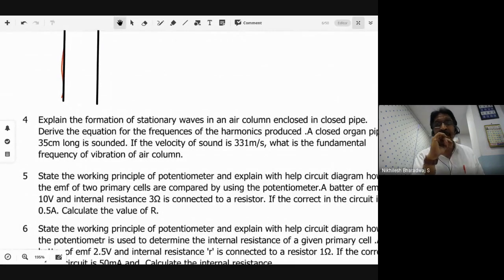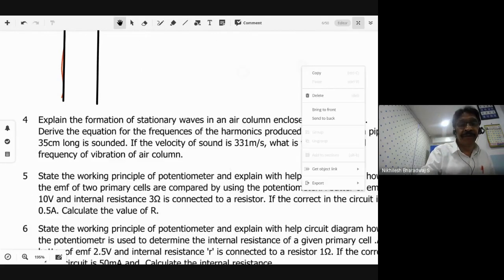As I already told you, you should derive N1 is to N2 is to N3 is equal to 1 is to 3 is to 5. Here, a closed organ pipe 35 centimeter long is sounded. The velocity, same thing. Instead of 70 centimeter, you take it as 35 centimeter. Yes. Going to the other problem.